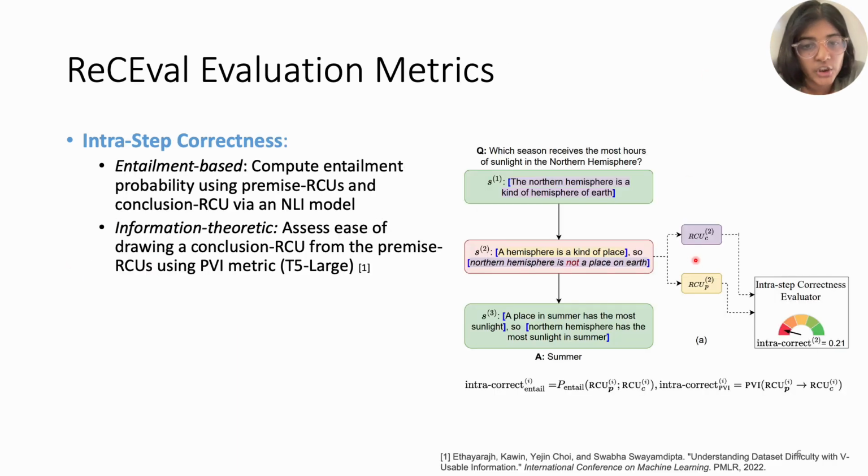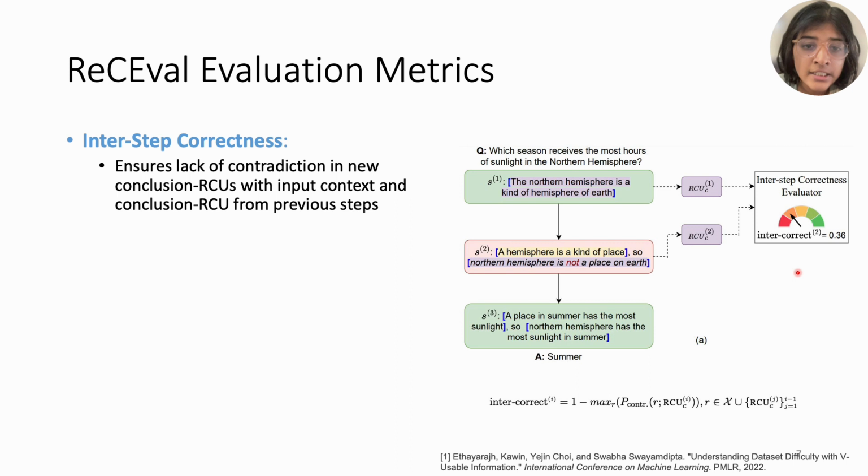Using this example, we show how to compute intra-step correctness using the premise RCU and the conclusion RCU within the same step. The evaluation can be done using the entailment probability of the two units or using a fine-tuned T5 large model to compute point-wise V information. For more details, check out the paper.